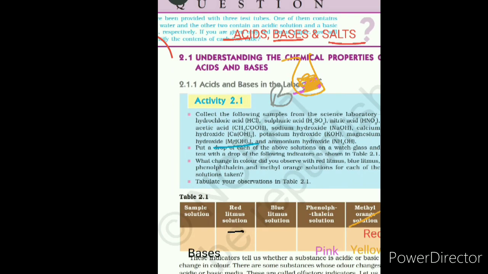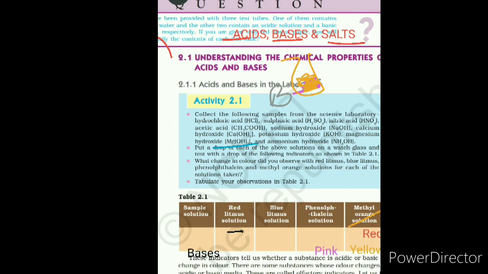Similarly, when we test with other indicators such as clove or vanilla, it is also found that with vanilla, when we add acid, the smell of vanilla does not change and remains as it is. But when we add bases, sodium hydroxide or other bases, the smell of vanilla will vanish. Similarly, in the case of clove, when we add hydrochloric acid or any acid, the smell of clove will remain as it is.